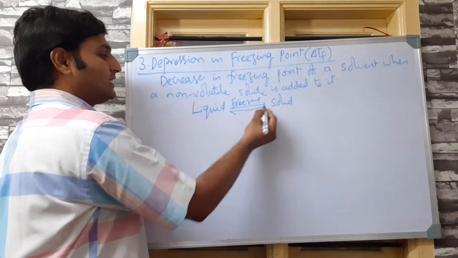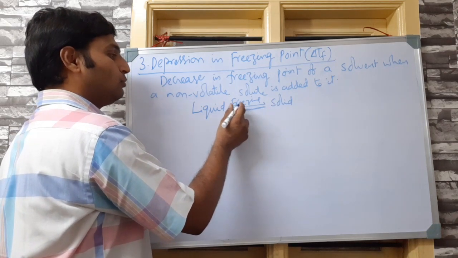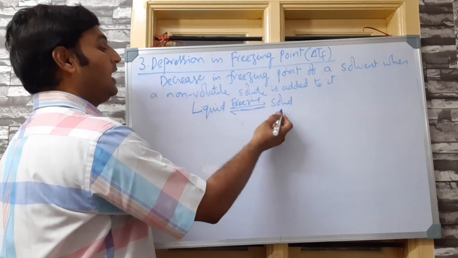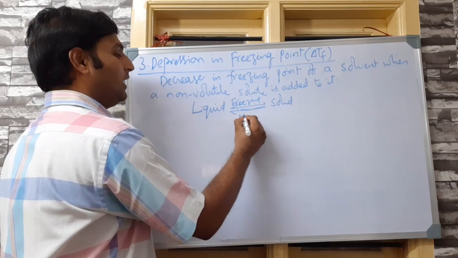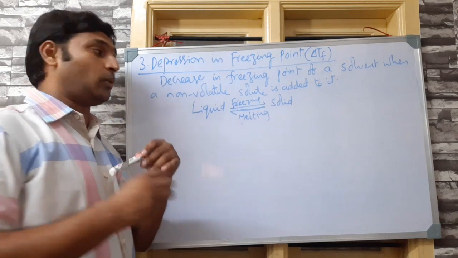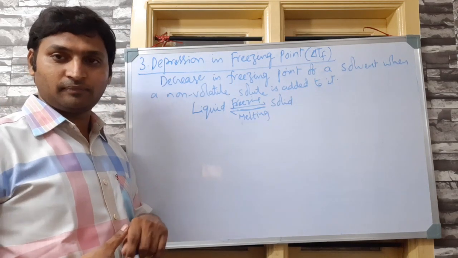Then, for this solid to go back to liquid state, what should I do? I should increase the temperature, or I should heat it. On heating, solid becomes liquid and the reverse process is called melting, and the constant temperature at which melting happens is called melting point.